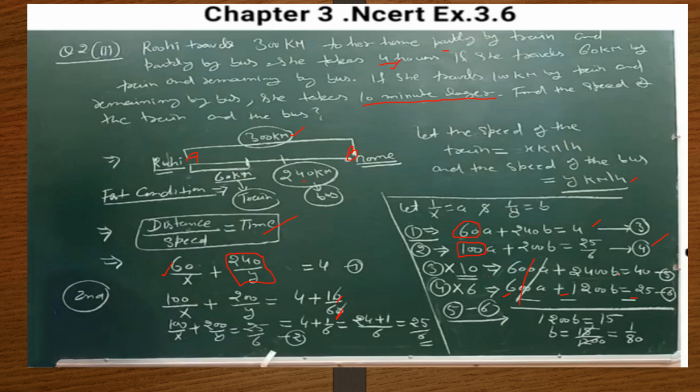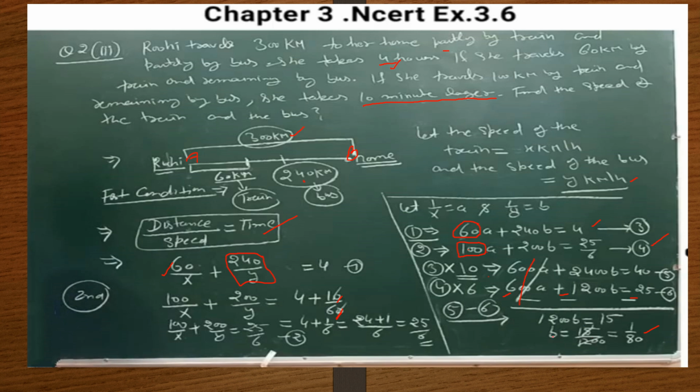Now 2400b minus 1200b is 1200b, equal to 40 minus 25, which is 15. This implies b is equal to 15 by 1200. 1200 is in multiplication form, so it will come to the other side to divide. 15 by 1200 is equal to 1 by 80. Students, we got the value of b.